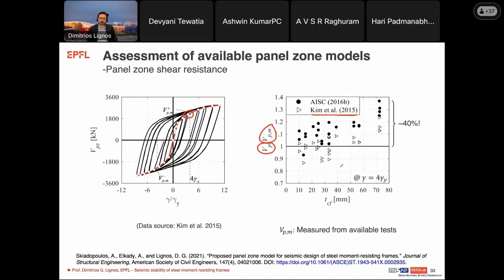But you see that, once you go into flanges above 40 millimeters, you could have cases where the panel zone strength is actually under-predicted by about 40%, which is quite substantial.